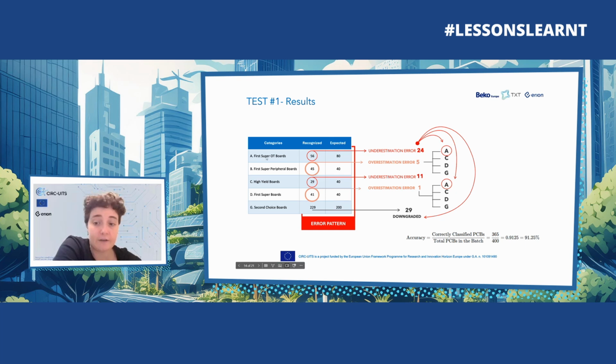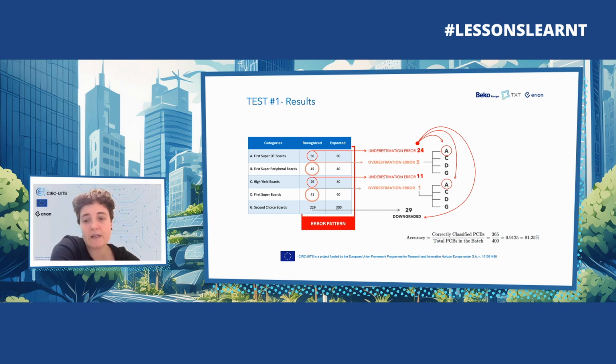that are underestimated and go in the second choice board, because only in this case is the misunderstanding of the value of the PCB actually creating an issue on the revenue of the treatment plant.